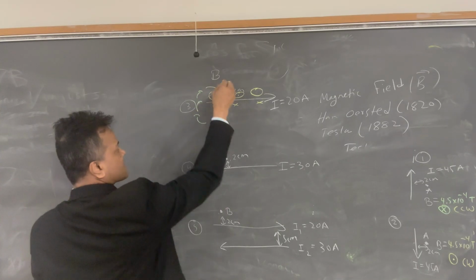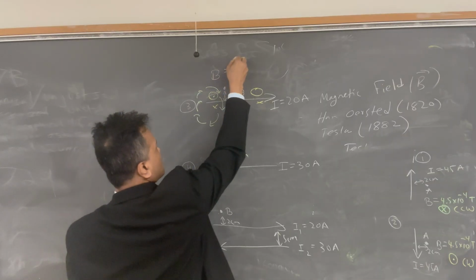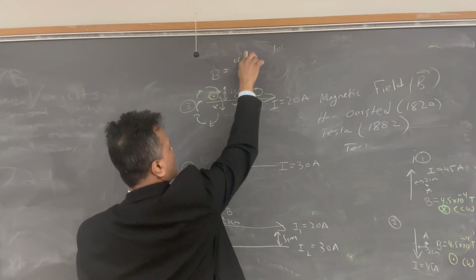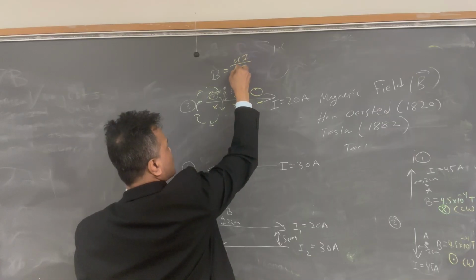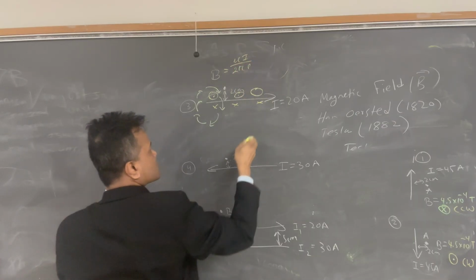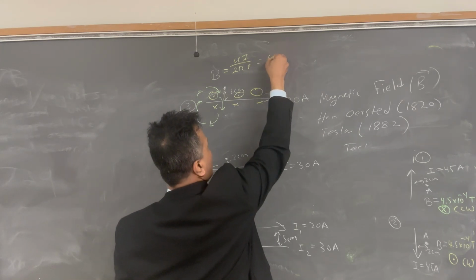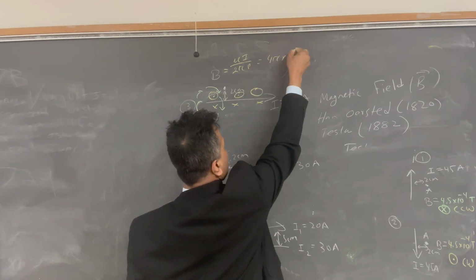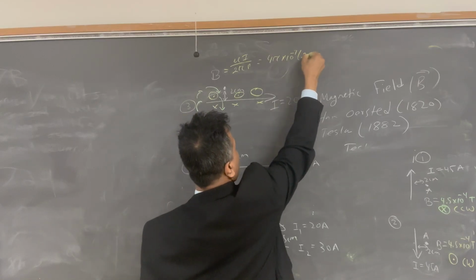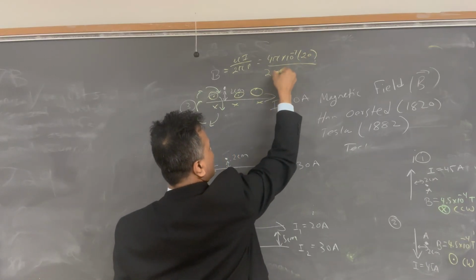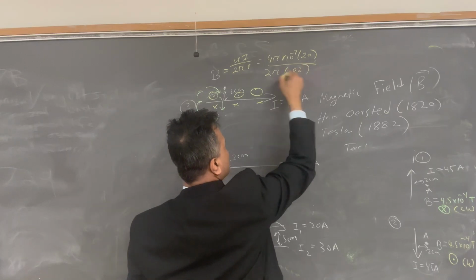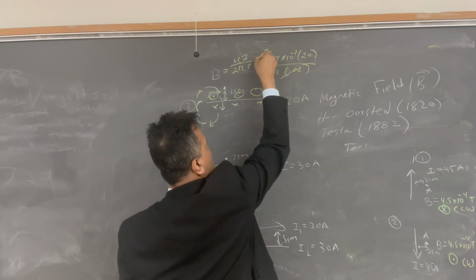So the field at this location is B equal to mu current over 2 pi r. Mu is 4 pi times 10 raised to negative 7. Current is 20. 2 pi, r is 0.02. 2 goes into 2, 2 goes into 200 times.